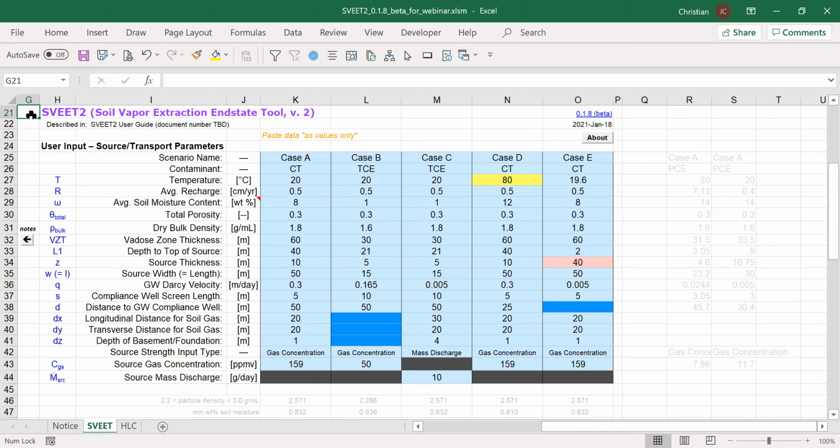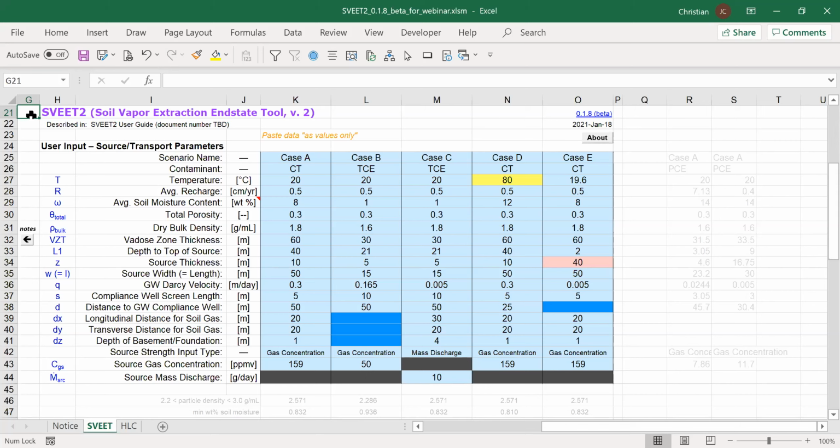Certainly barometric pumping could be implemented, and you could look to see after some period of time what the equilibrium source gas concentration would be if you stopped the pumping for a while to see how much progress you made. But otherwise, I really don't think SFEET is going to help you with any kind of analysis of barometric pumping. I hope I understood the question adequately. I think so.